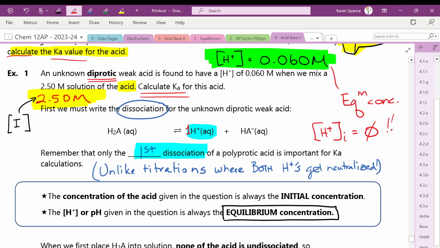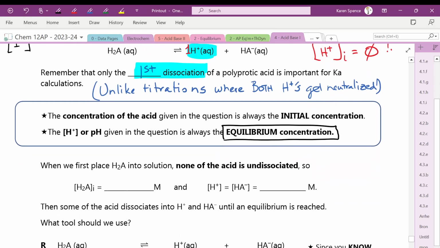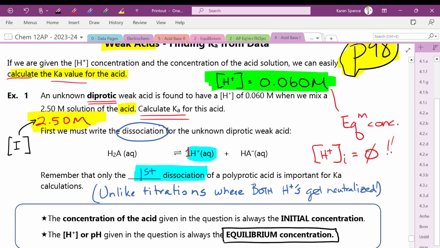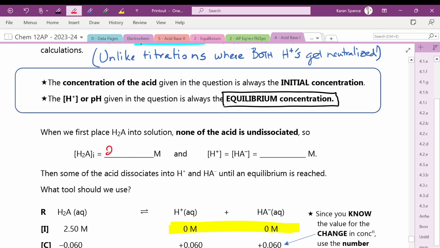All right, so we can go to our table and we can put in a few things. We have our reaction here. So the initial concentration of H2A is equal to 2.50 molar.